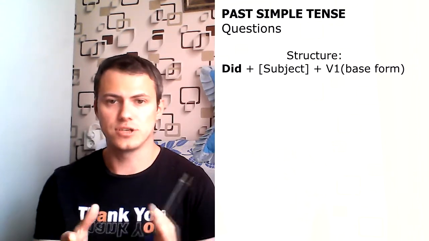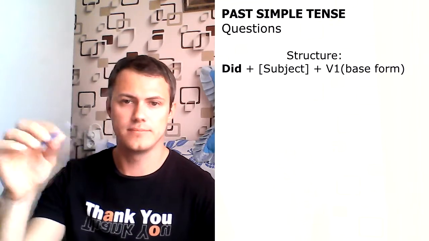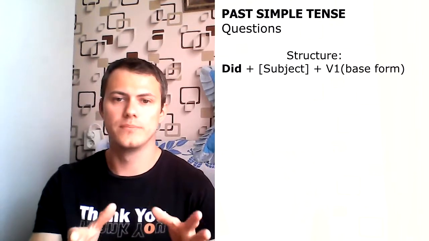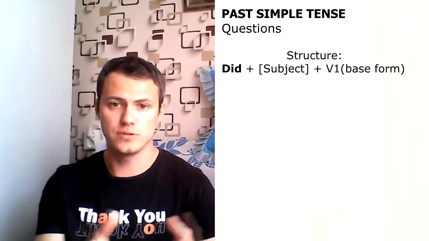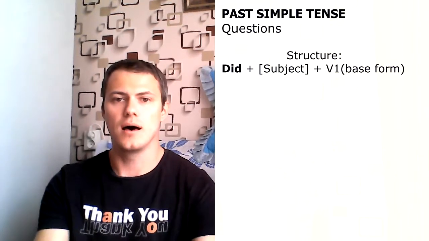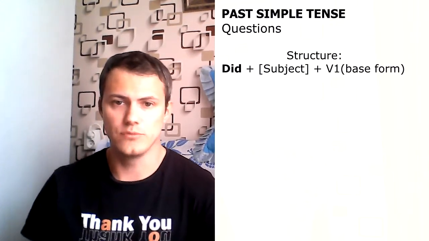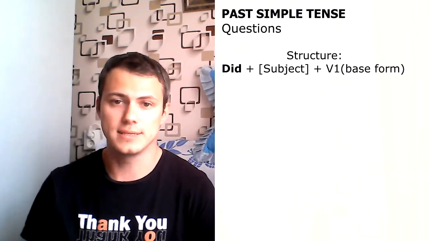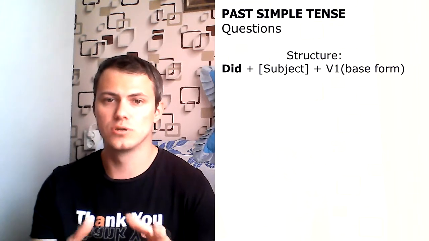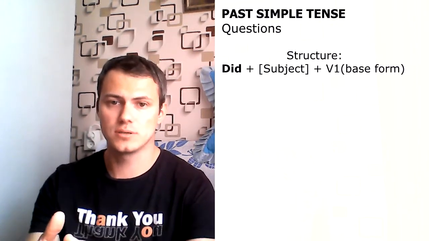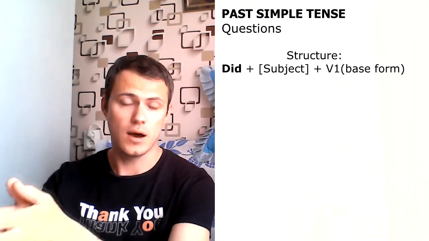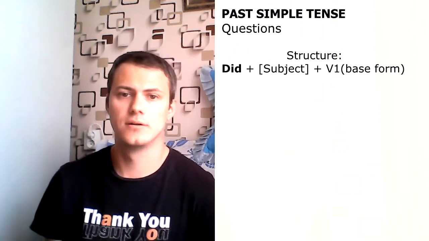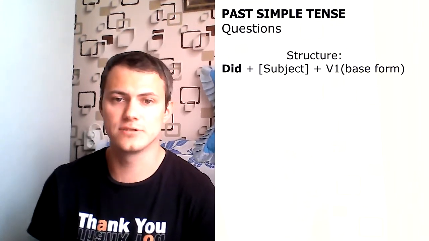So when we have a question, we should place the helping verb did right at the beginning of the sentence, and then we should use our subject and then our main verb in its base form.